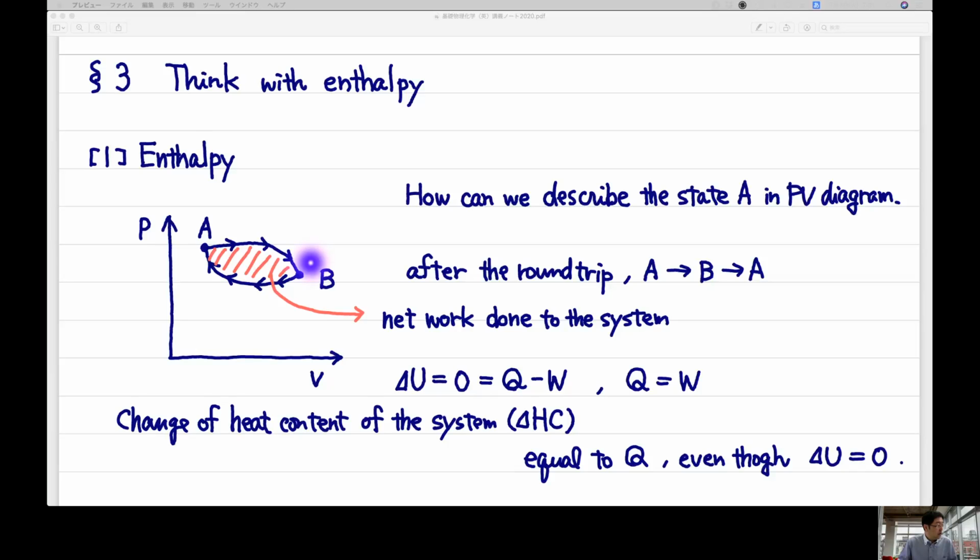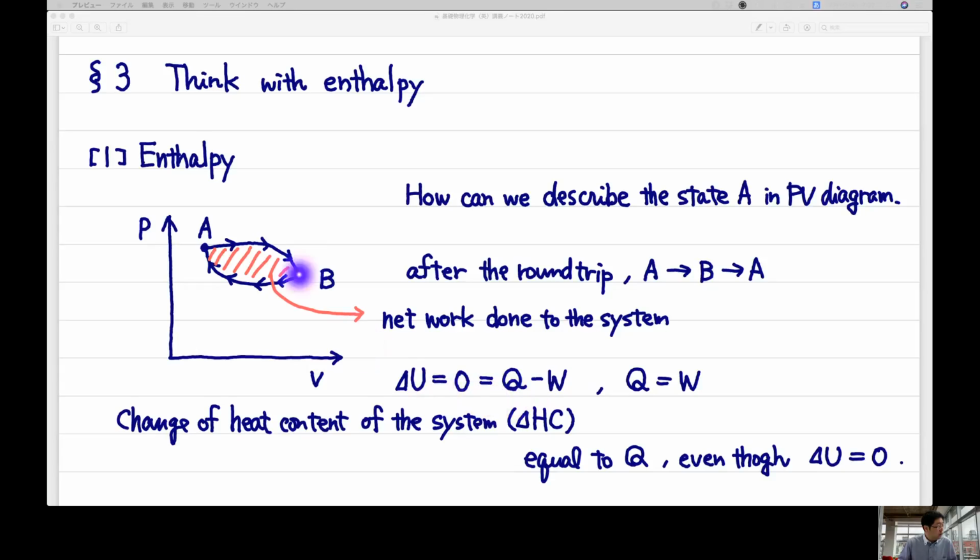So, do you remember that the change of internal energy can be calculated by Q minus W? Q means the heat energy and W means the work, in this case done to the system. In that case, we can write down the minus here.